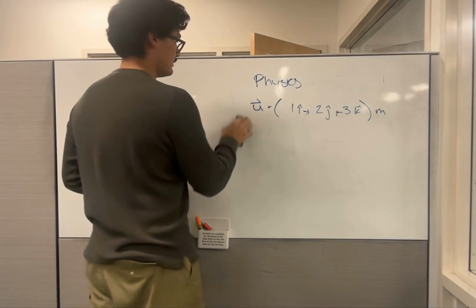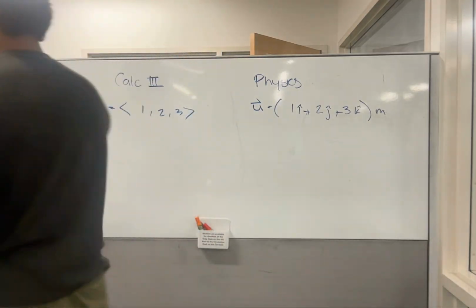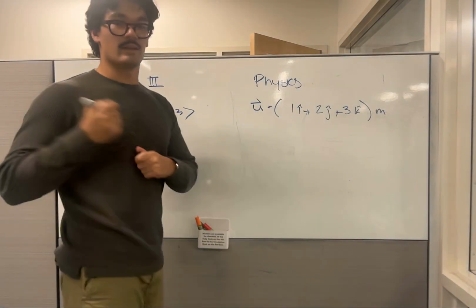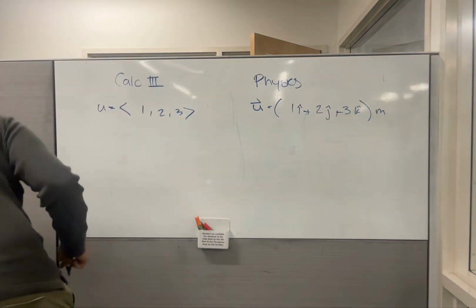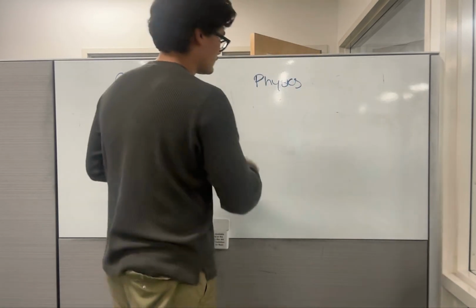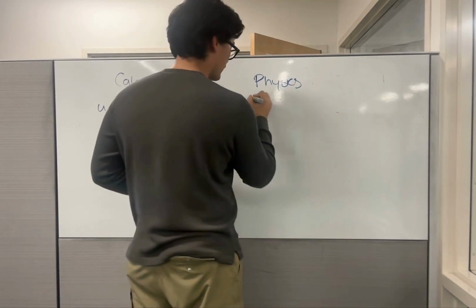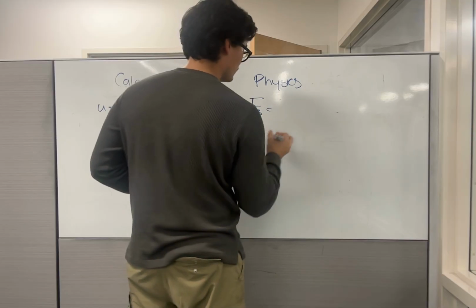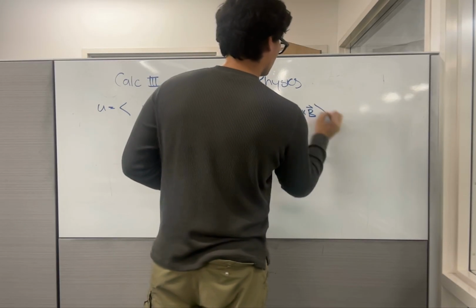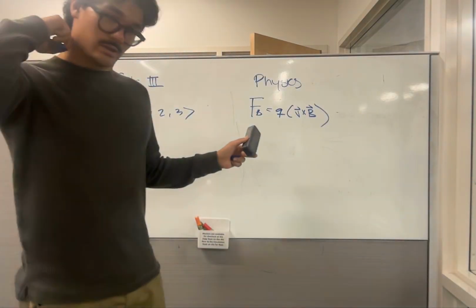Now, when we're talking about the cross product, one of the applications for a physics cross product is the Lorentz force, denoted by F of B is equal to q V cross B. So this is the Lorentz force.